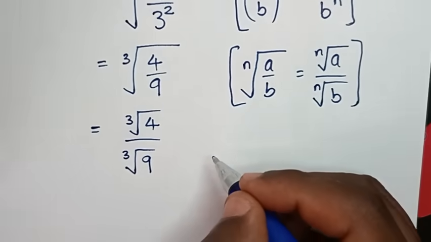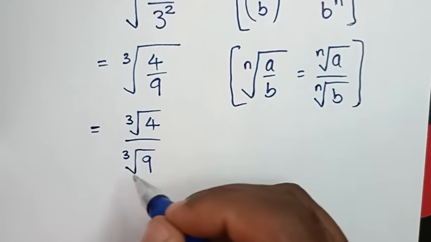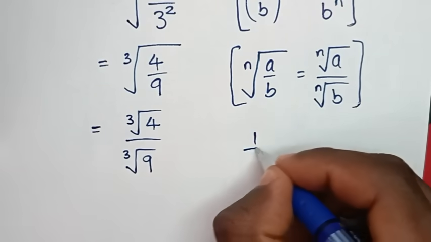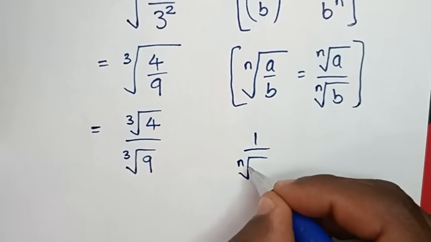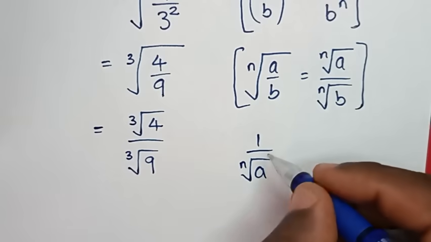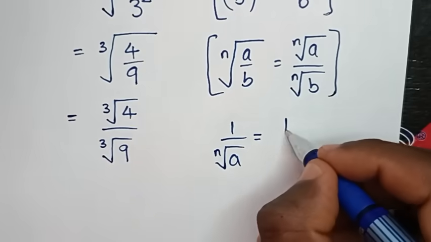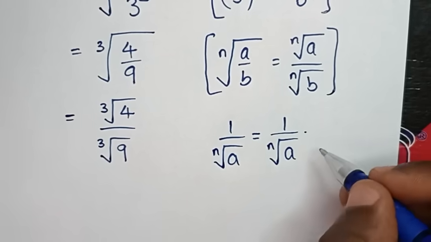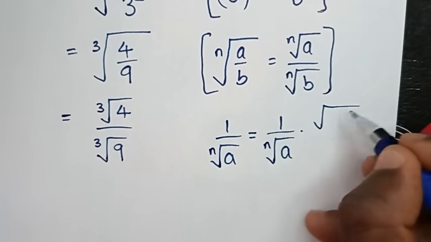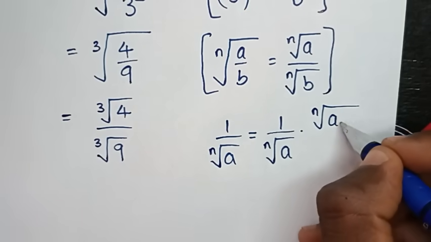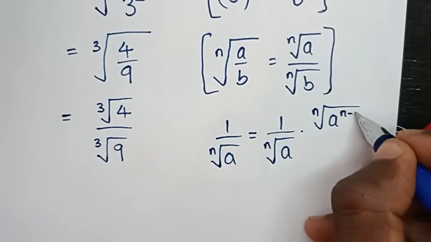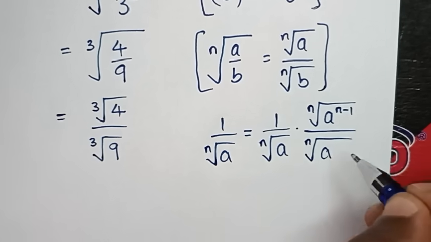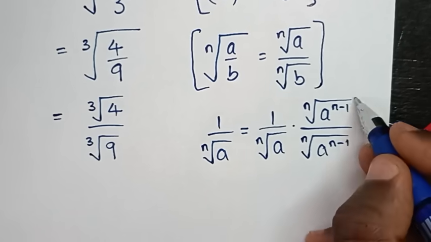Then in the next step, in the denominator, we'll apply the rule: 1 over the nth root of a is equal to 1 over the nth root of a times the nth root of a power of n minus 1 over the nth root of a power of n minus 1.